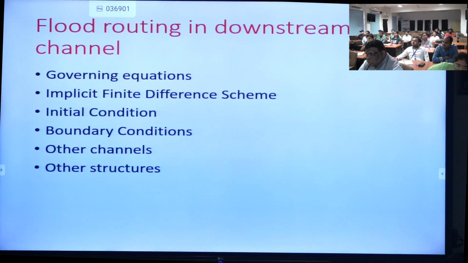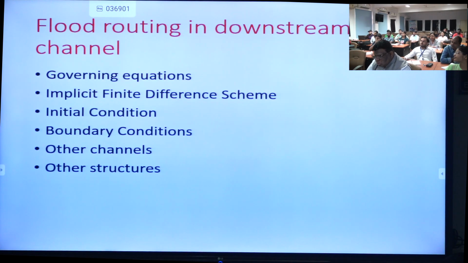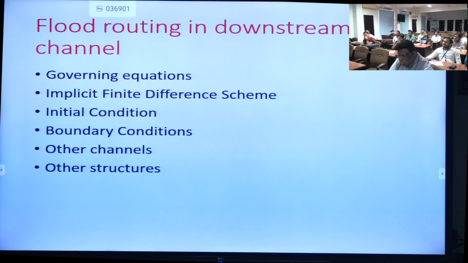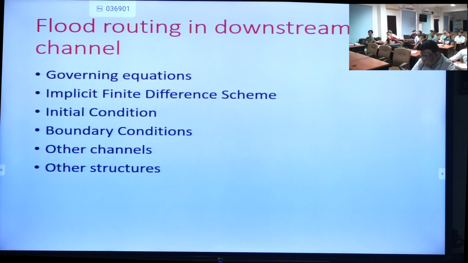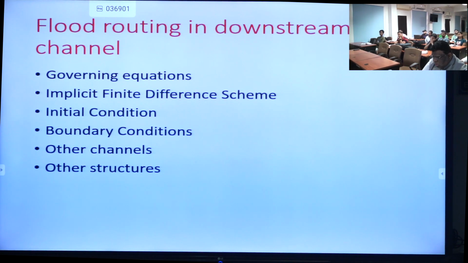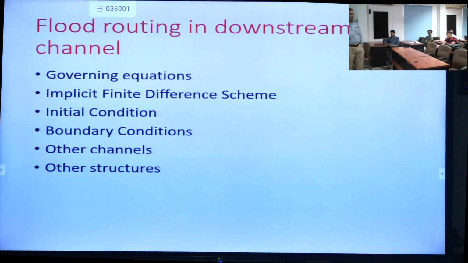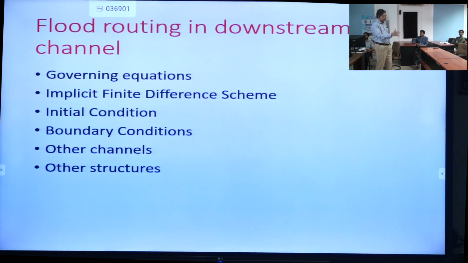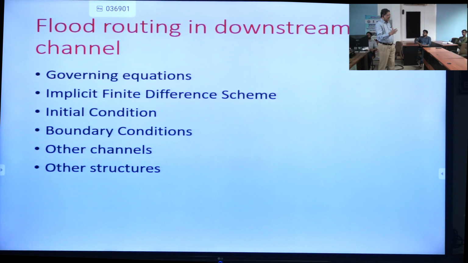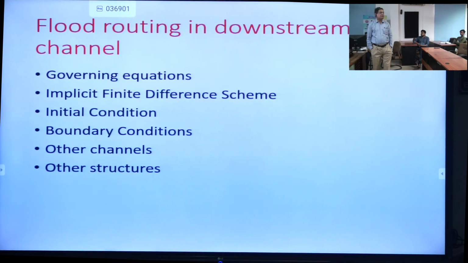Normal depth is a very simple option and that should not be used for dam break analysis. So boundary conditions, then other channels, if other channels are joining, that should be taken into account. Then other structures, like there may be a bridge, there may be a barrage downstream, or there may be a canal which is extracting water. So all those things can be included in the analysis.